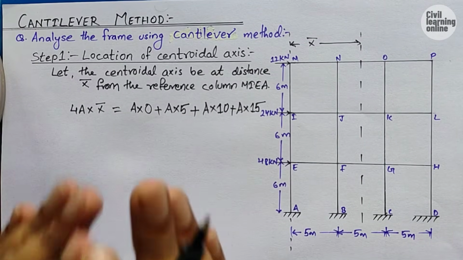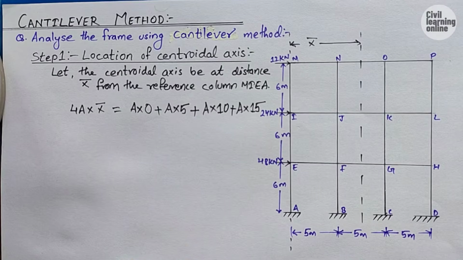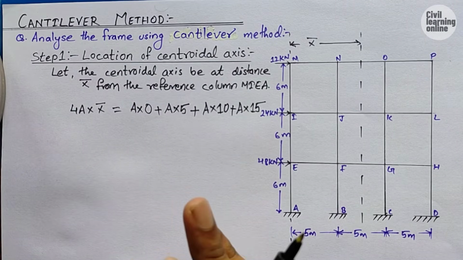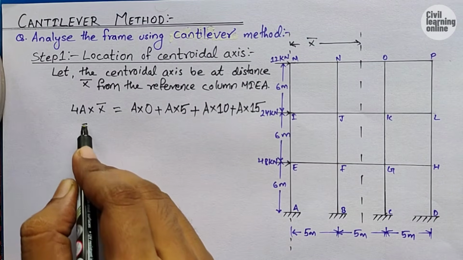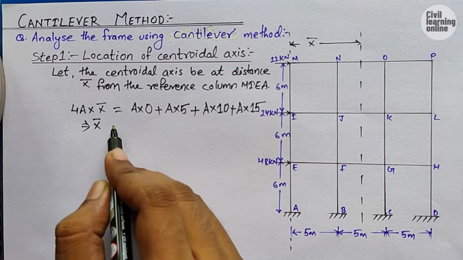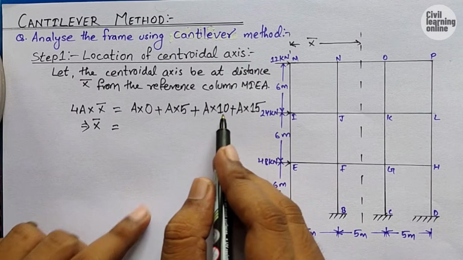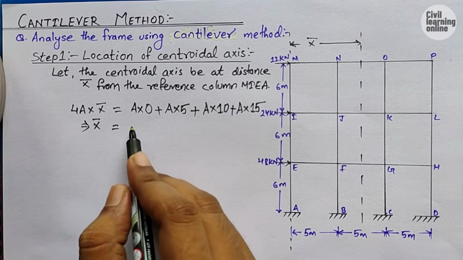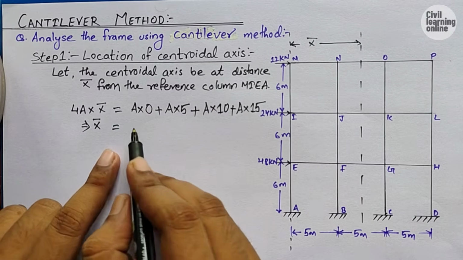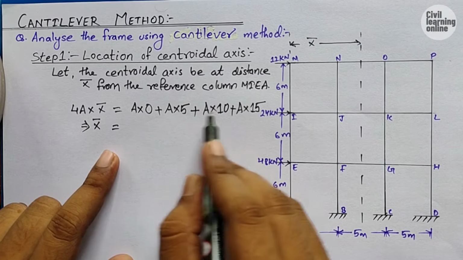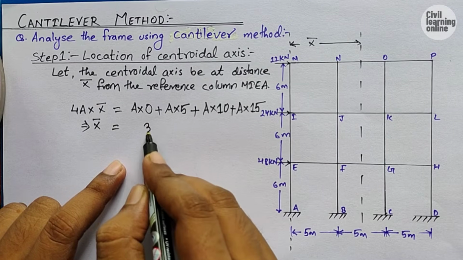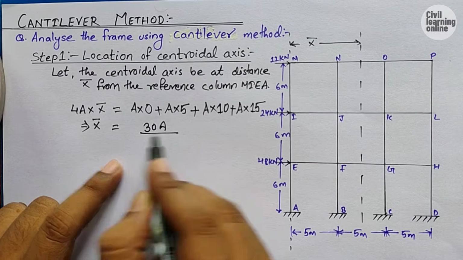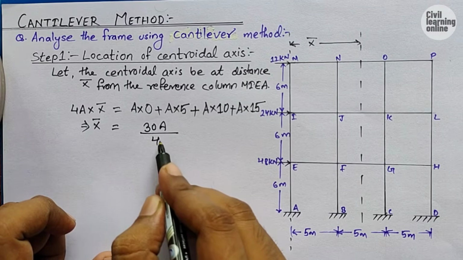This is similar to the step we used while calculating the centroid of different shapes in strength of materials. Now from here calculate the value of X bar. So X bar equals, simply add, 10 plus 5 plus 15, means 30A divided by this 4A.